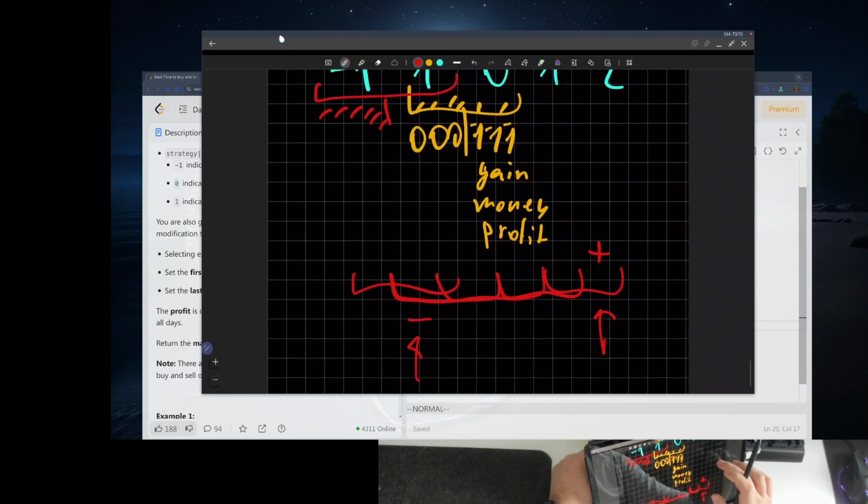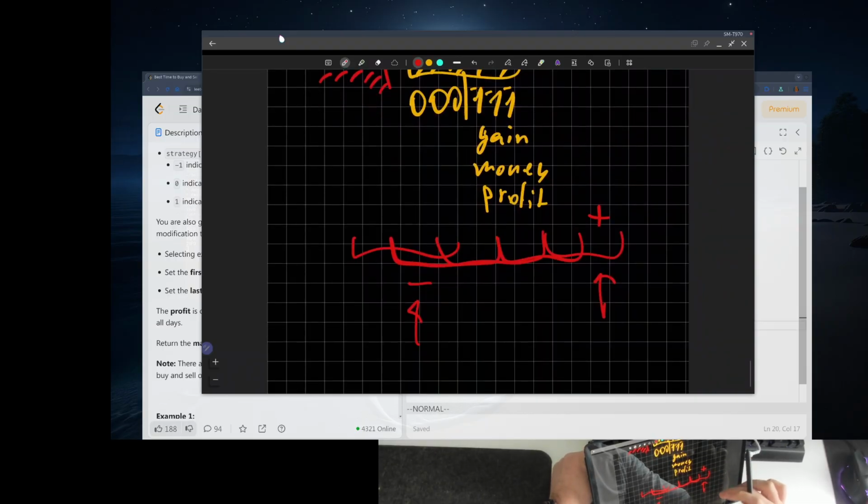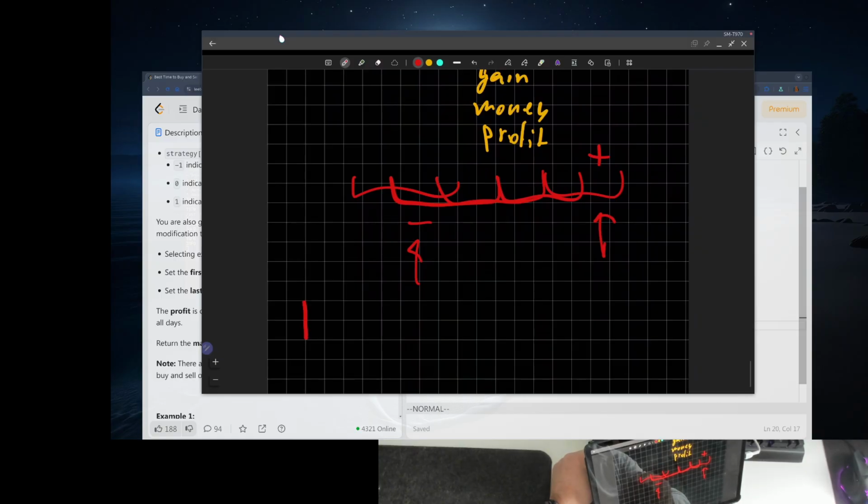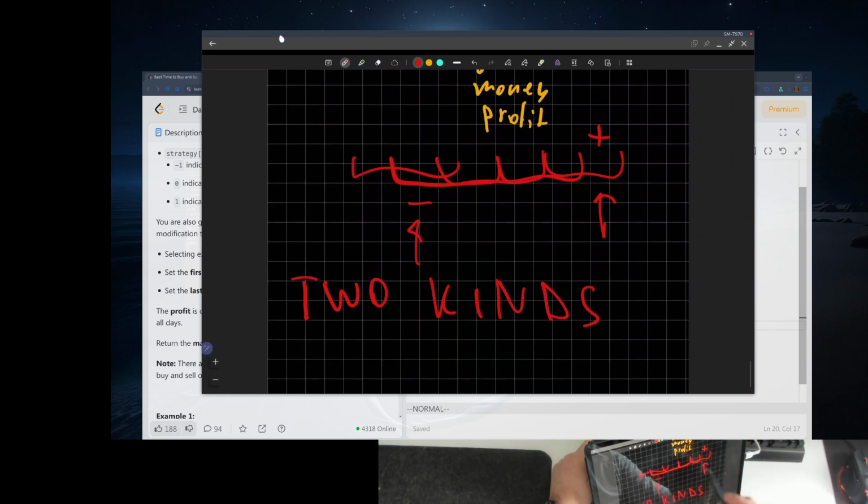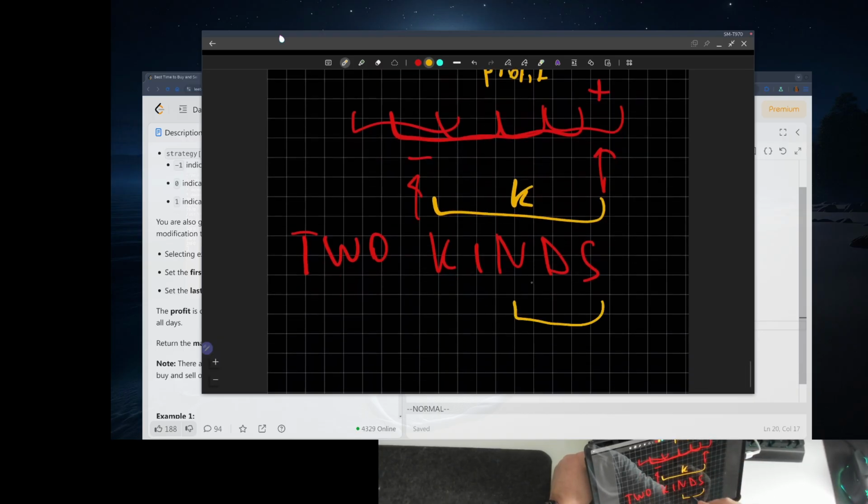The interesting part for this particular problem is that we have two kinds of sliding windows. The first is of size K, and the second is of size K divided by 2.